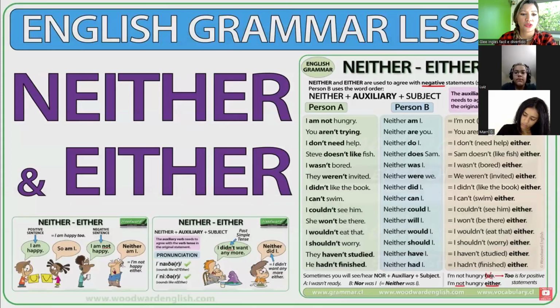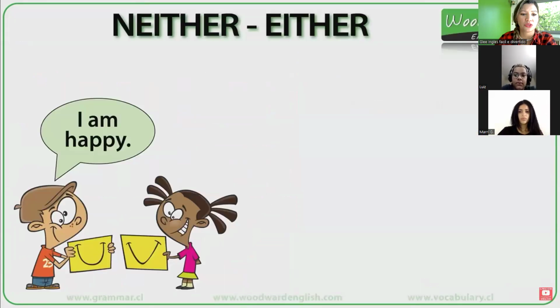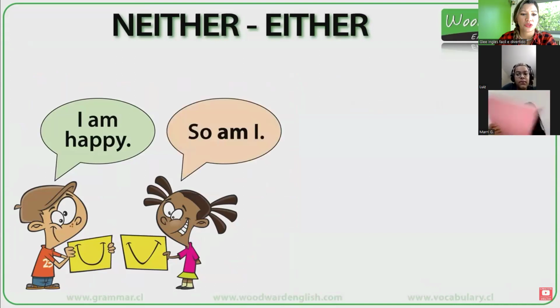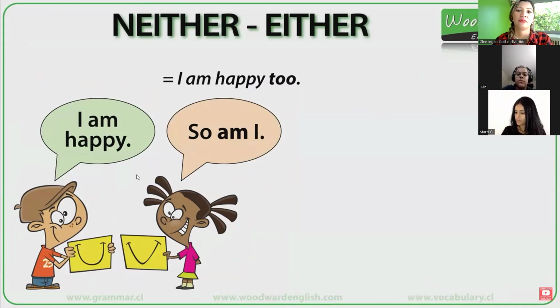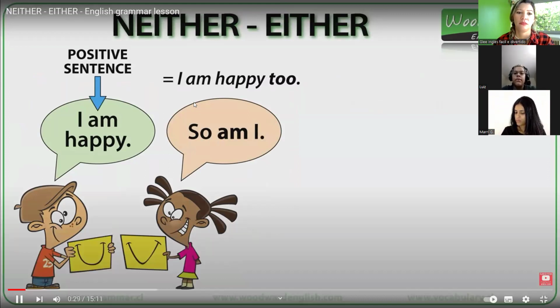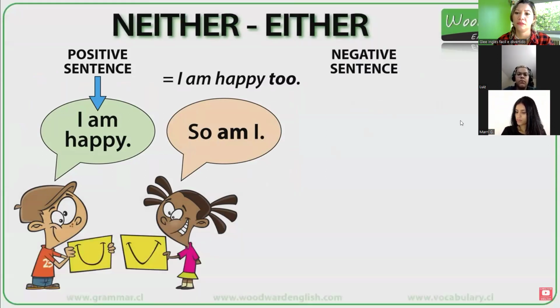Neither, either. English grammar lesson. I am happy. So am I. So am I means I am happy too. I am happy is a positive sentence. What happens when we have a negative sentence?